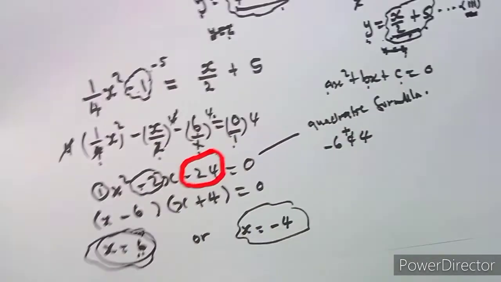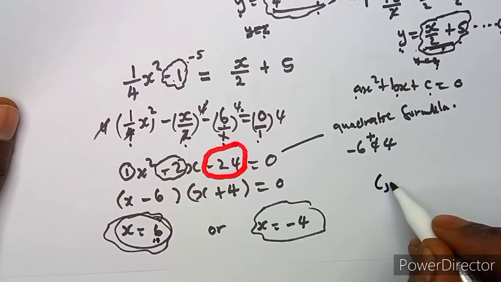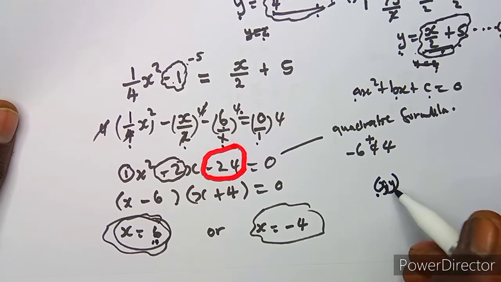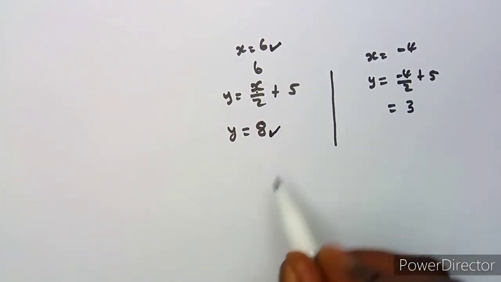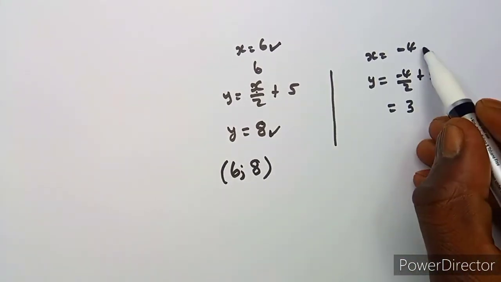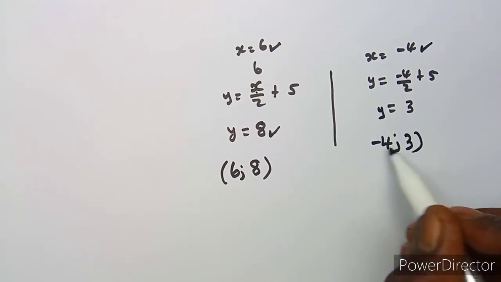So these are the 2 points that we are referring to now, because remember, a point is made of x and y. That's a point. So you have the value of x and the value of y. The value of x here was 6, the value of y is 8, so that's (6, 8) as a point. The value of x here is minus 4, the value of y here is 3, that's a point.